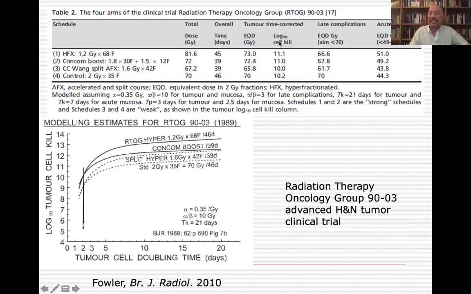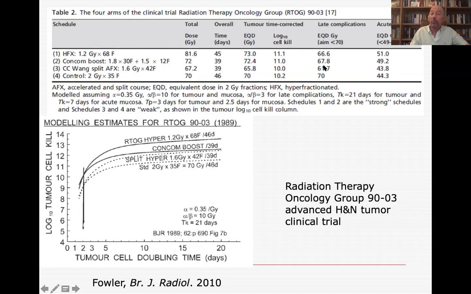So the expected, or this is not BED, this is EQD2, equivalent dose in 2 gray. So you see here, for example, you have 70 gray. So for the late complications, the expected EQD2 here is 70, and you see that all these hypofractionation regimes will reduce the risk of late complications.